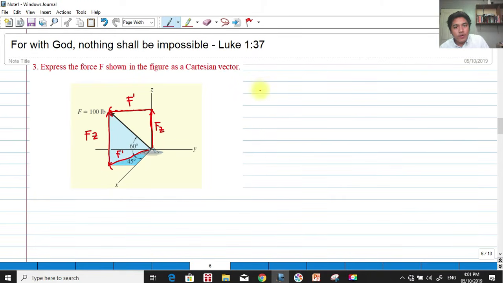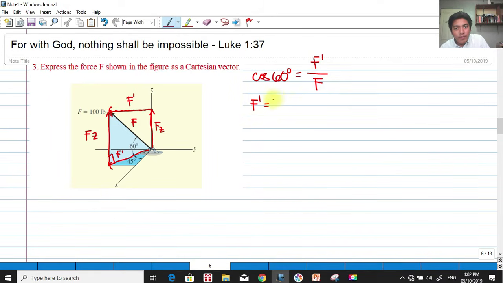So that, if I'm going to get the cosine function of that 60 degrees, this is our right angle, this is our hypotenuse, this is our F. Cosine 60 degrees is adjacent over hypotenuse.